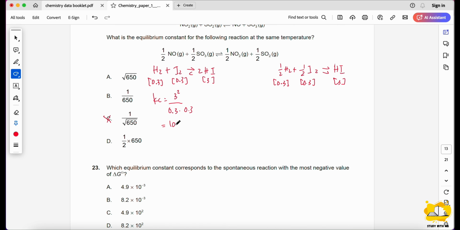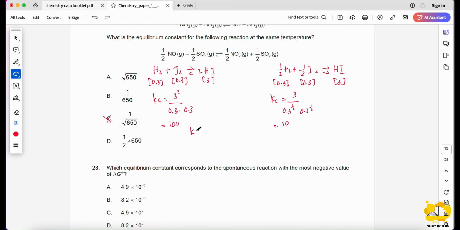So you will get 100. And if I do it for half of the coefficient, so 3, and the coefficient is 1 here, so 0.3 and 0.3 to the power half, so you will get 10.